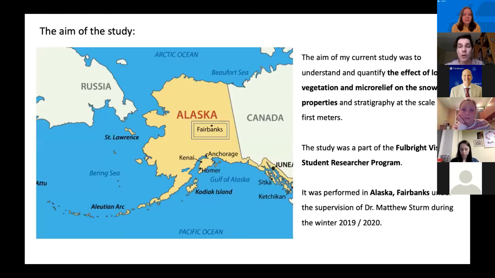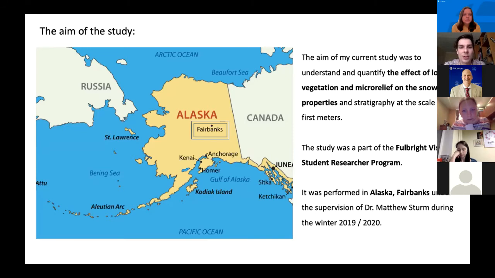This part of the study was performed in central Alaska, near Fairbanks. The aim of the study was to understand and quantify the effect of local vegetation and microrelief on the snow properties and stratigraphy at the scale of meters. As I already mentioned in the last presentation, the variability could be quite strong even within a very uniform area. But when we add vegetation and steeper microtopography, the snow cover becomes more and more variable.